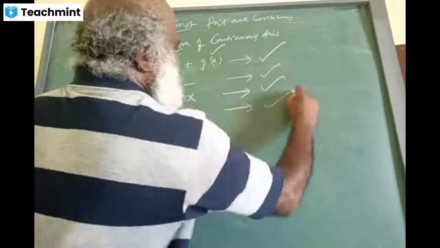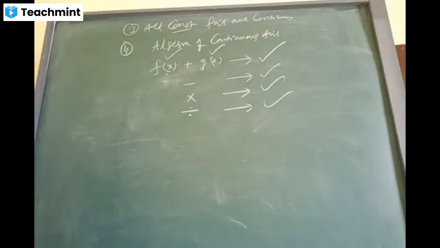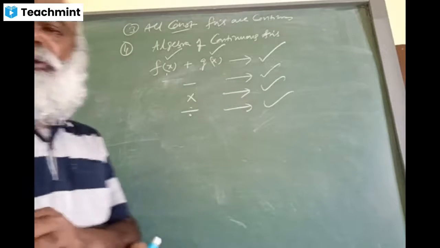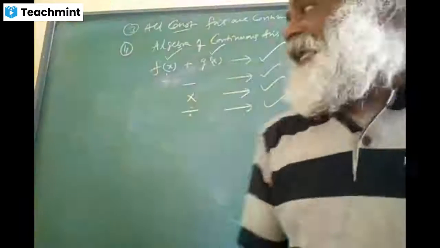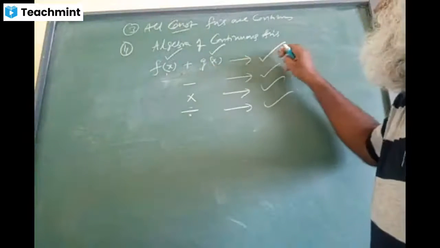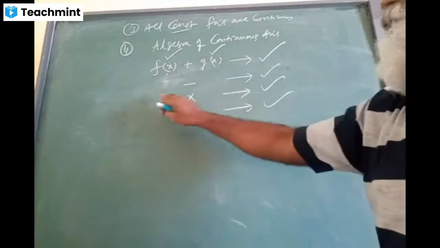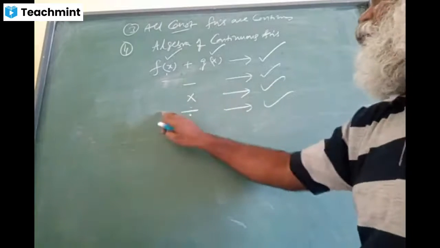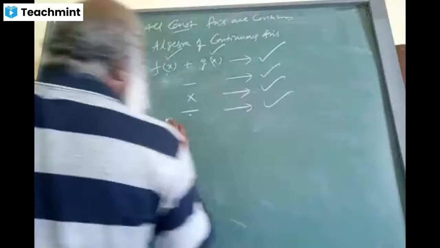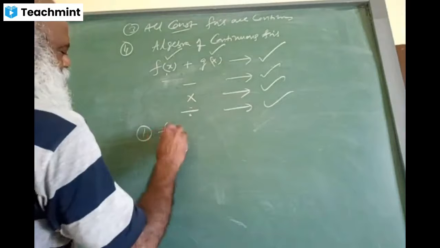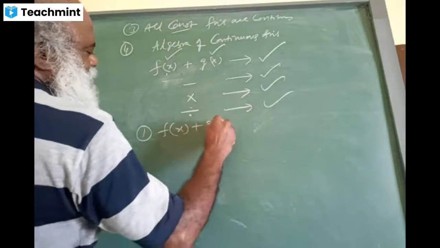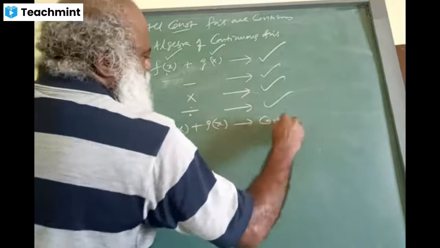If f of x and g of x both are continuous, then f of x plus g of x is continuous. F of x minus g of x is continuous. Product is continuous and quotient is continuous. Number 1, f of x plus g of x is continuous.